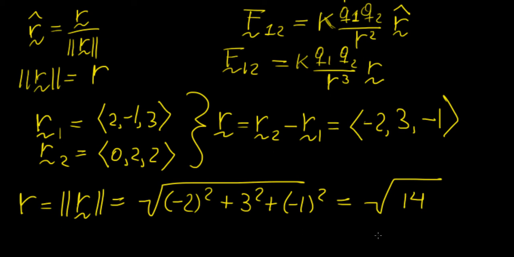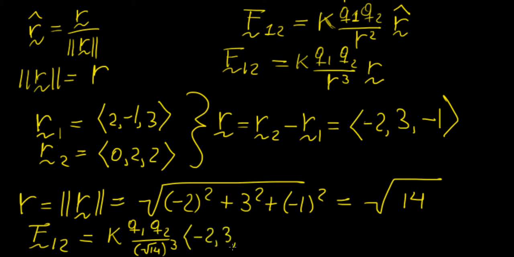The magnitude is the square root of 14. Now we plug this back into our equation, so the force becomes k times whatever the charges are. We didn't specify it in the problem, but we don't really care about that. This is over square root of 14 to the power of 3, times the vector minus 2, 3, minus 1, in newtons.